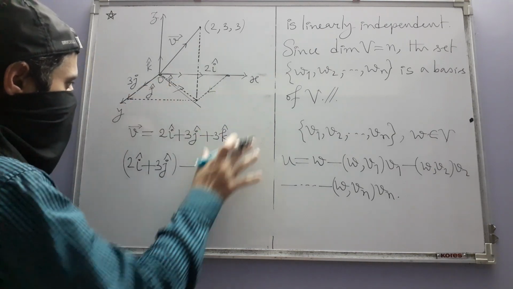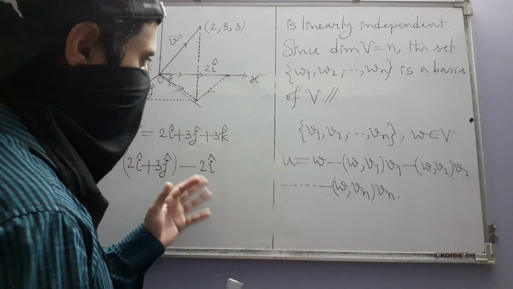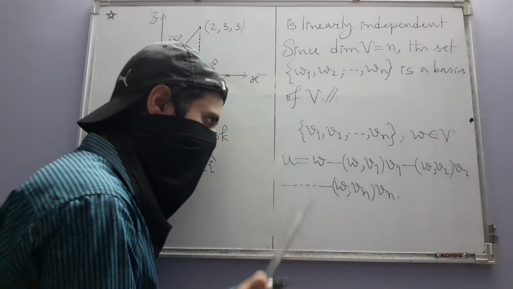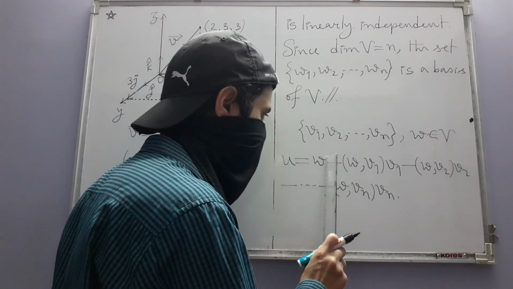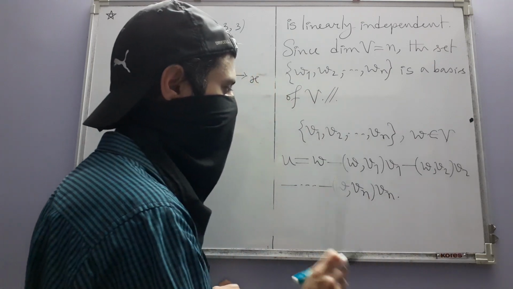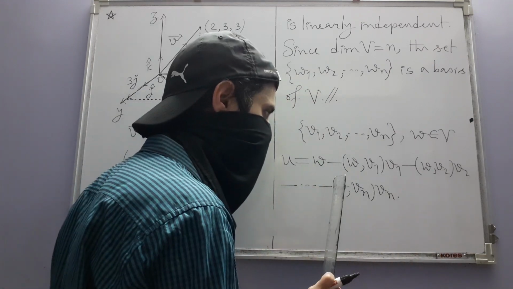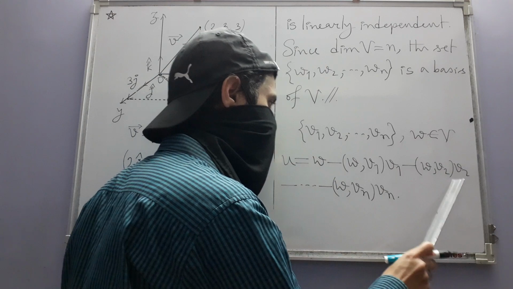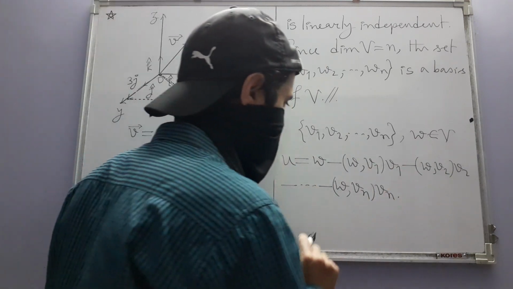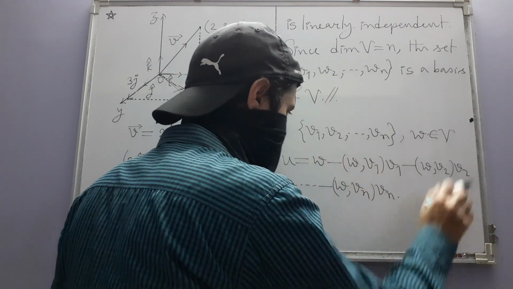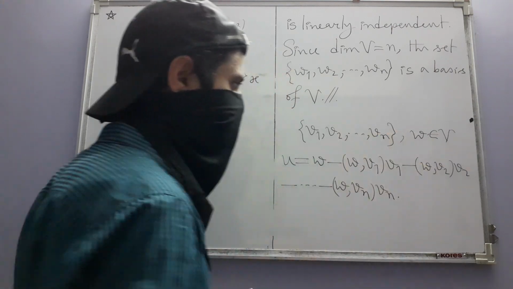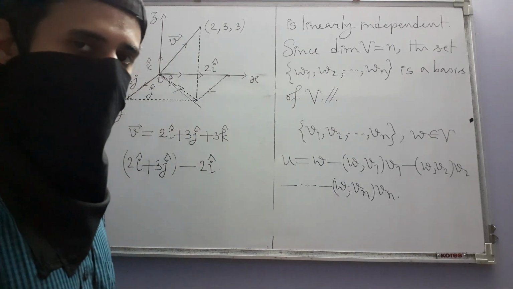Maybe my explanation about this whole thing is not that good, but at least you get the point that here what we are doing is that from W we are removing the component of W along V1, the component of W along V2, and all the other such components, so that whatever is left will be perpendicular to all these vectors, all these axes.